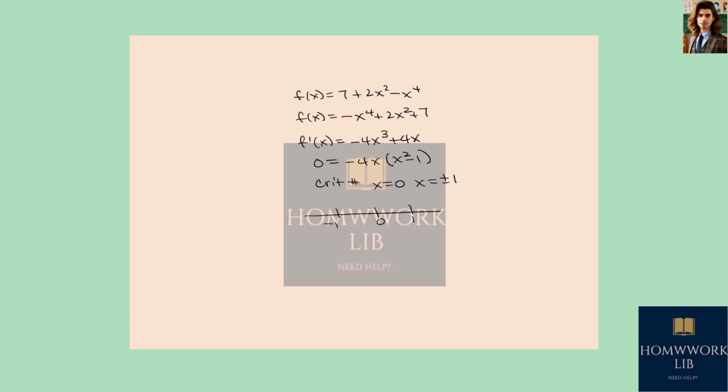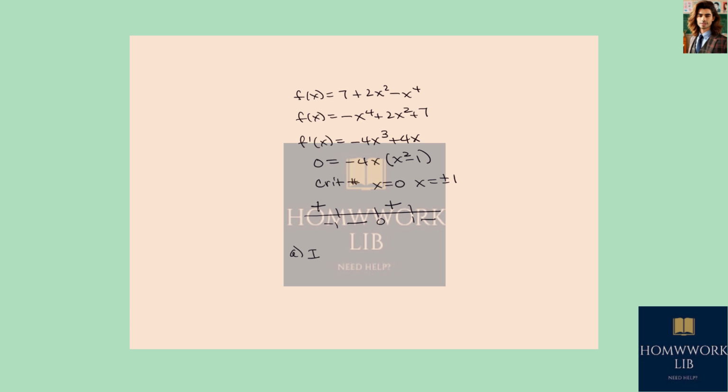And I'm going to take my function and plug that into my calculator and choose test points. So negative 2 gives me a positive, negative 0.5 gives me a negative, positive 0.5 gives me a positive, and positive 2 gives me a negative.